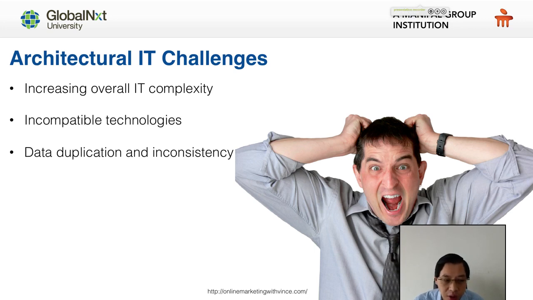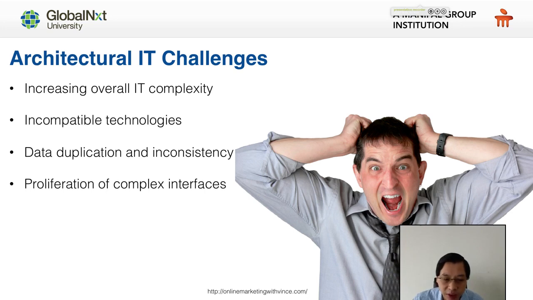Lots of applications, as I mentioned, have their own database, and they don't really share information. So what you end up with is data being duplicated across many different applications, and that leads to a lot of inconsistency. There's also this integration challenge where we're trying to integrate different kinds of systems. And as I mentioned, some of the legacy applications may not have open interfaces, and it might not be easy for you to extract that information.